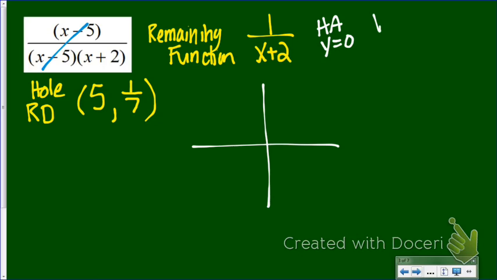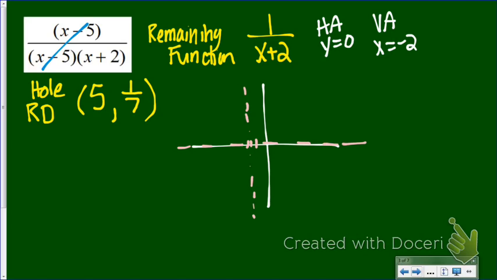I know it's going to have a vertical asymptote at x equals negative 2 because even after I cancel out that factor, there is still a 0 at the bottom. So I'll plot my asymptotes first. So there's my vertical asymptote and my horizontal asymptote.